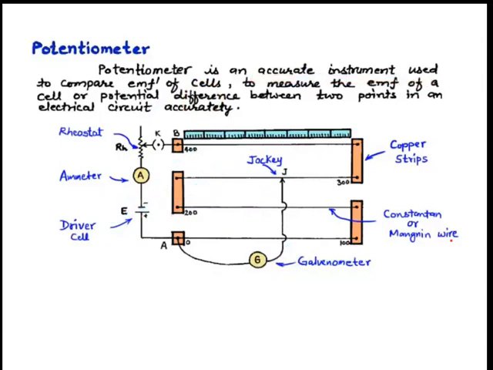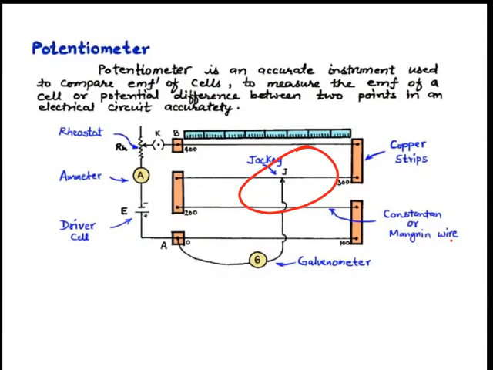So the galvanometer is connected to detect the presence or absence of current. With the galvanometer, a sliding key or jockey is also connected. Jockey is a metal pen type of thing. We can hold the jockey because over the metal part we have a plastic coating.